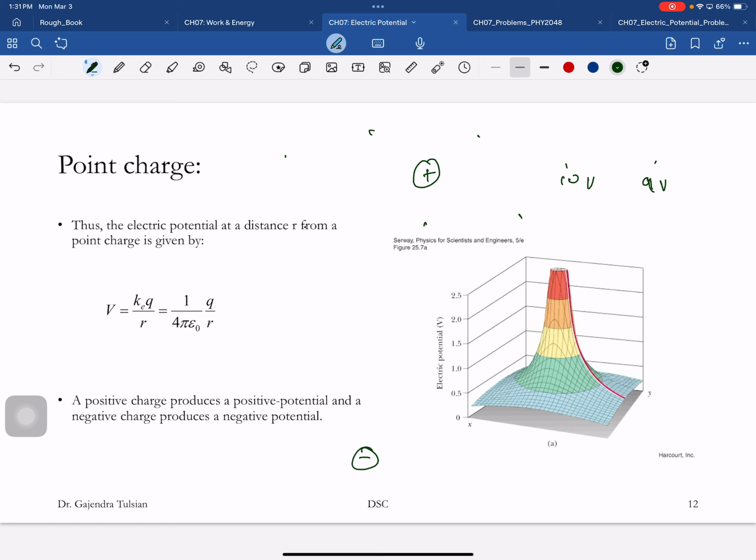From a negative charge, if this is 10 volts, this is minus, it's bigger, 15 volts and so on. All right, so that's what I want you to remember. The electric potential from a point charge is given by that. A positive charge produces a positive potential, and a negative charge produces negative potential.